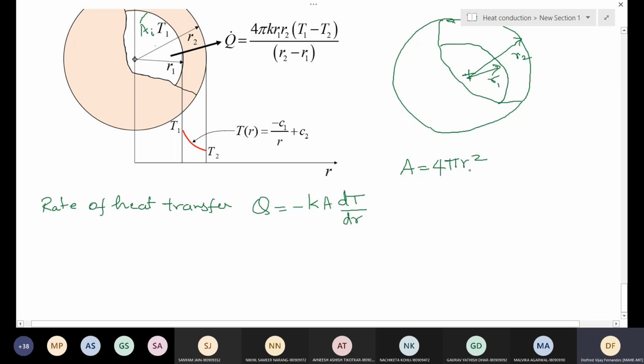Inner area is 4 pi r1 squared, outer area 4 pi r2 squared. So substitute into this formula, Q equal to minus K 4 pi r squared dT by dr. Separate the variables and integrate.